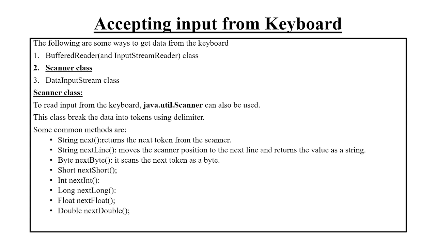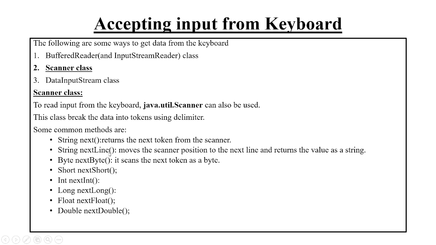In this Scanner class, there are many different methods which help us to read input from the standard input device, that is System.in. And those methods are, see here, String next, which returns the next token from the scanner.